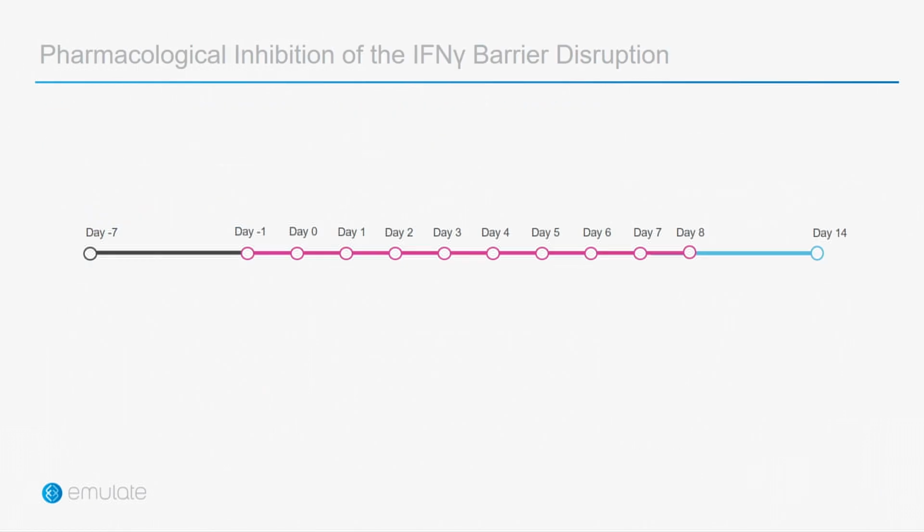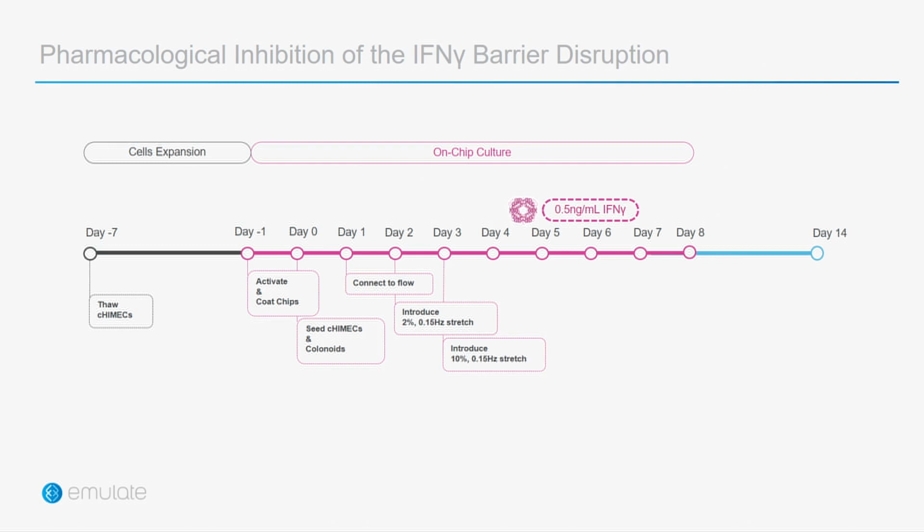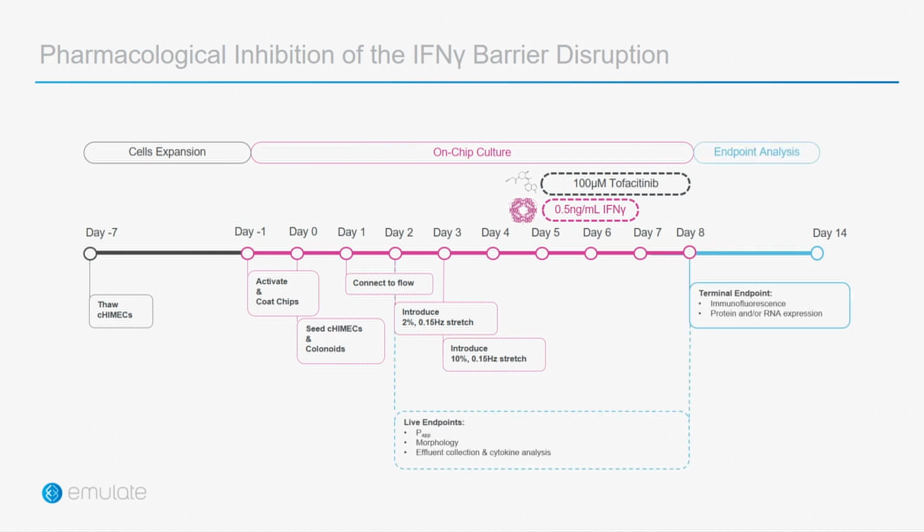In our system, following the cell expansion and coating of the chip with an appropriate cocktail of ECM proteins for each cell type, endothelial cells and organoids are seeded in the chip, allowed to acclimate to the mechanical forces, and then on day 5, we introduce interferon basolaterally, according to the site of the cytokine receptor expression, in combination or not with a therapeutic. And then we monitor daily the integrity, health, homeostasis, and functionality of the epithelial barrier, followed by several readouts at the RNA and protein expression level post-completion of the study.